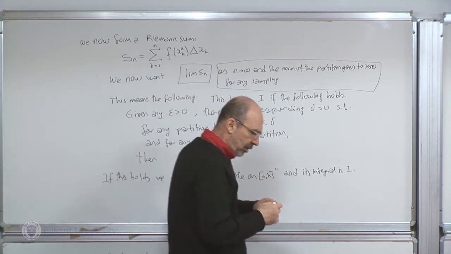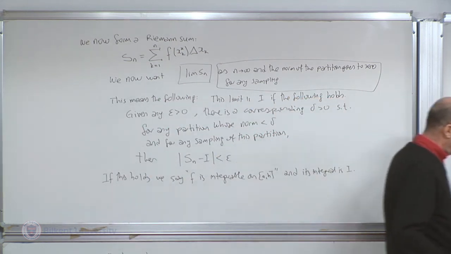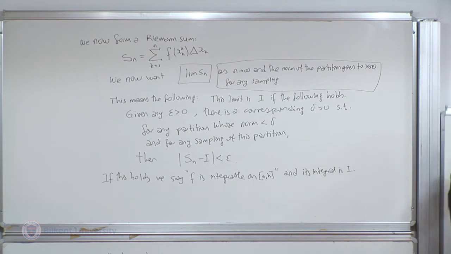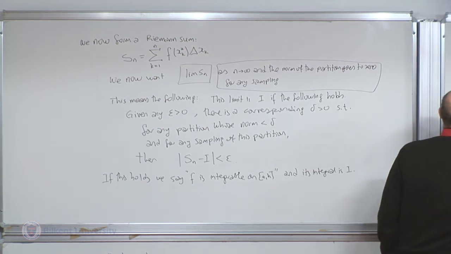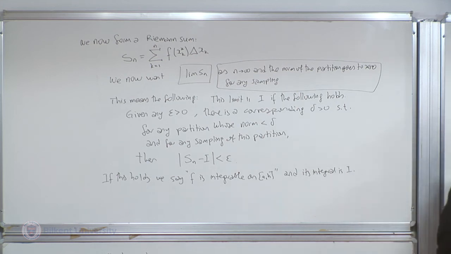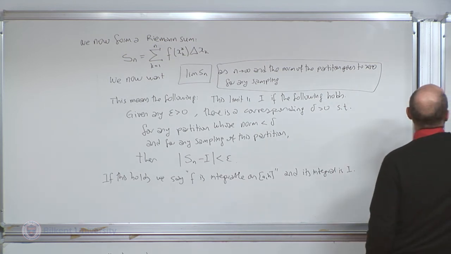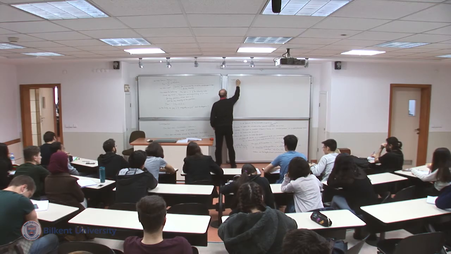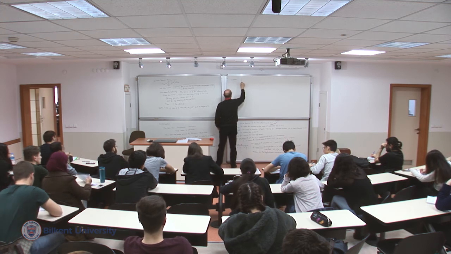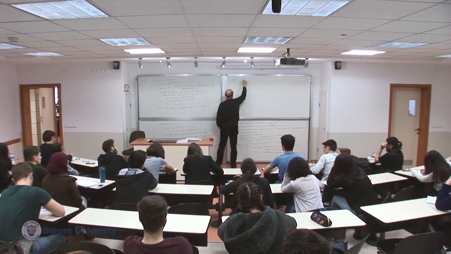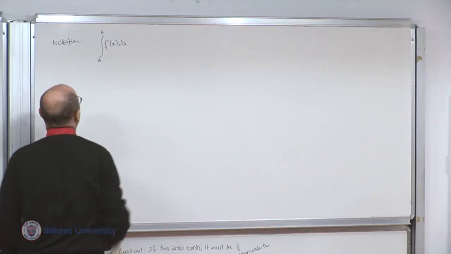So let's come to the notation. We will use the integral sign. So we will say the integral from a to b of f of x dx.